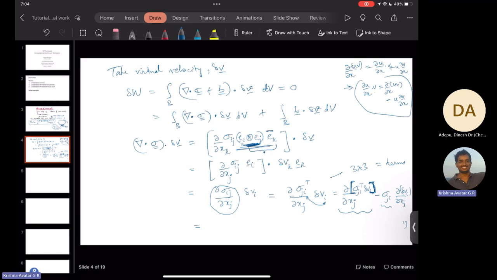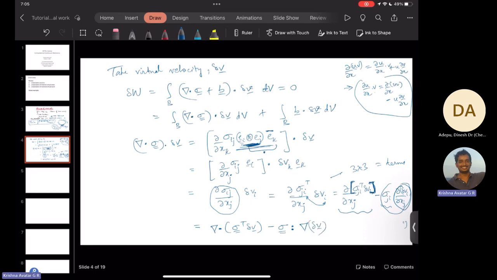But in tensorial notation, this will simply be divergence of sigma transpose del v minus sigma double contracted with the gradient of something. Since this is a scalar quantity and the other term is the gradient of some vector quantity, the only way for this to be scalar is when we take the double contraction.